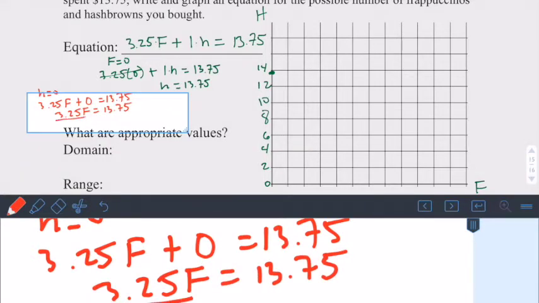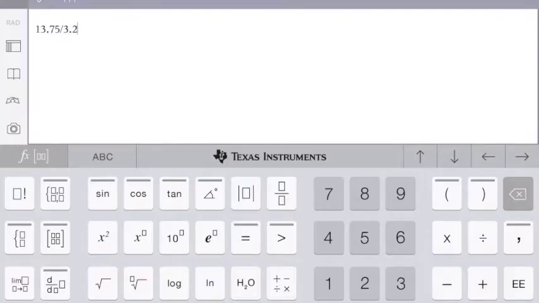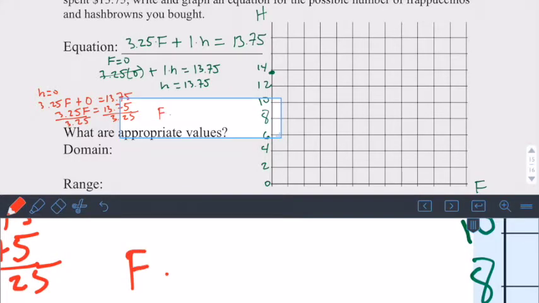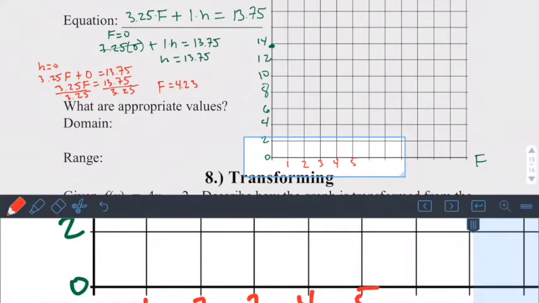And I divide both sides by $3.25. So 4.23. So right about there.